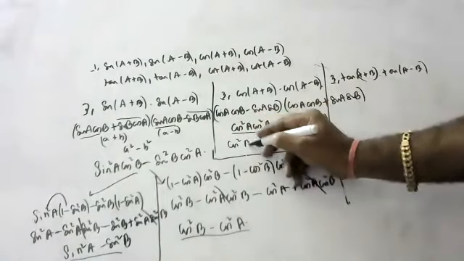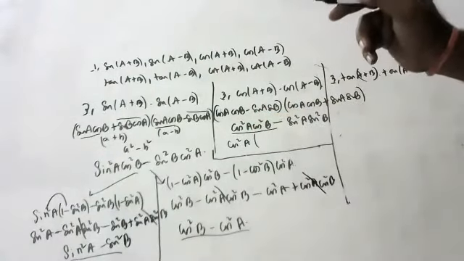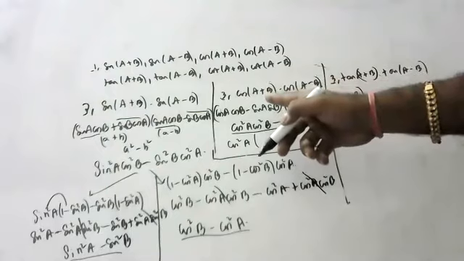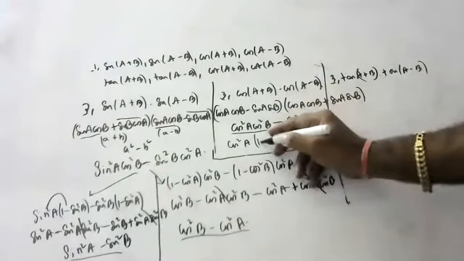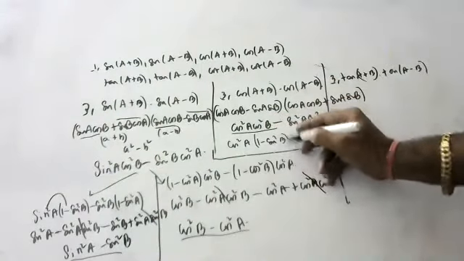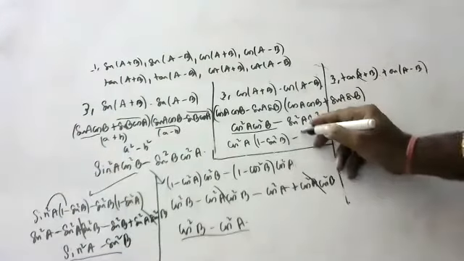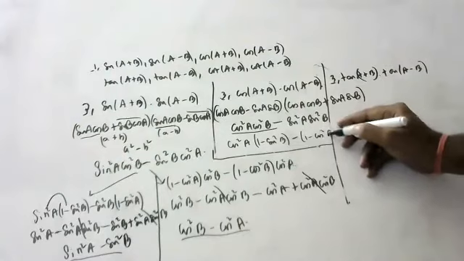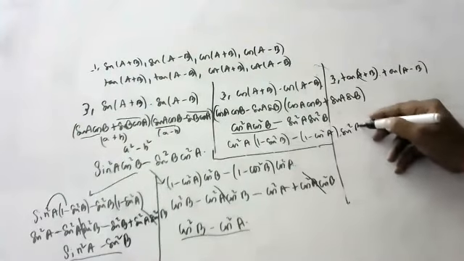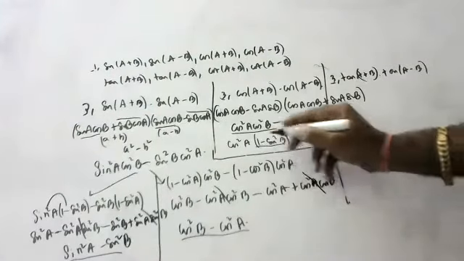cos square A, and can I write cos square B as 1 minus sin square B, children? Yes, sir. Now sin square A, I will write as 1 minus cos square A into sin square B. Okay, children, what will you get?